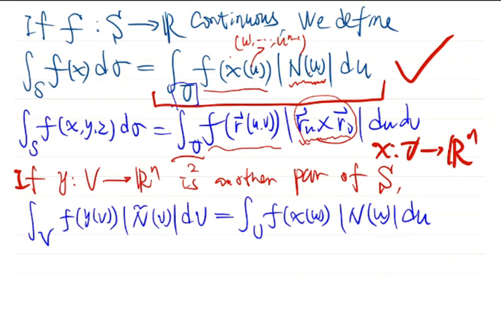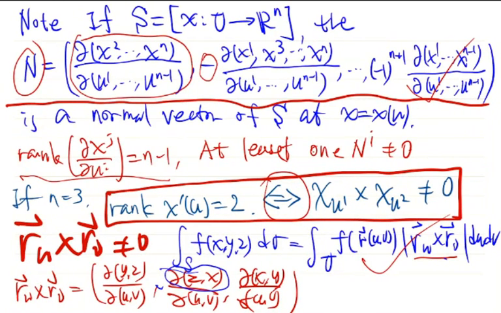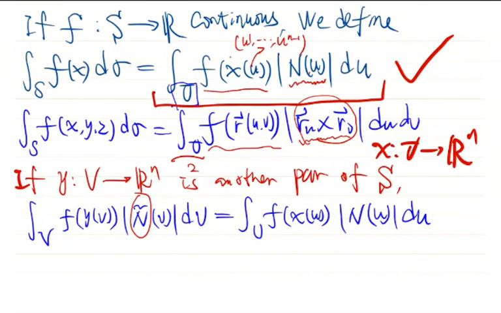Here N tilde is the normal vector given by the parametrization y, similar to this one. If you give another parametrization y, the corresponding capital N will be denoted by N tilde. So can this be true?